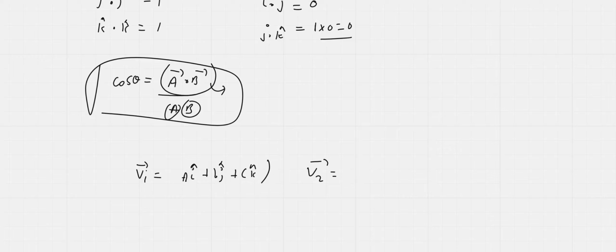Let's take it as m, n, o. M times i plus n times j plus o times k. Let's say this is x i plus y j plus z k. Okay, this is just a variable for me.